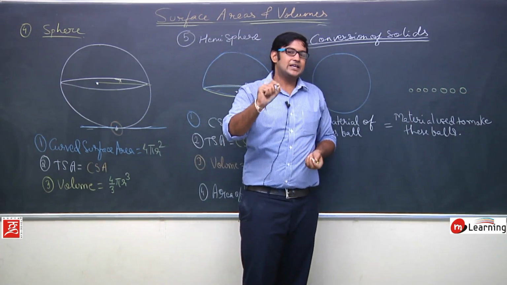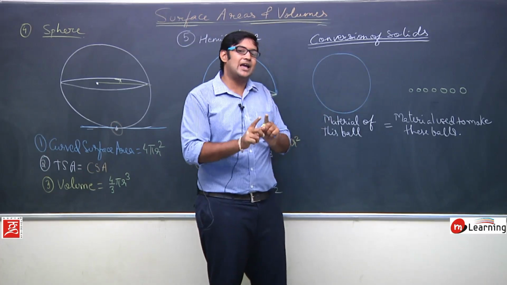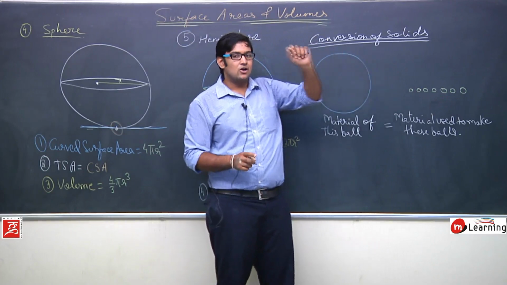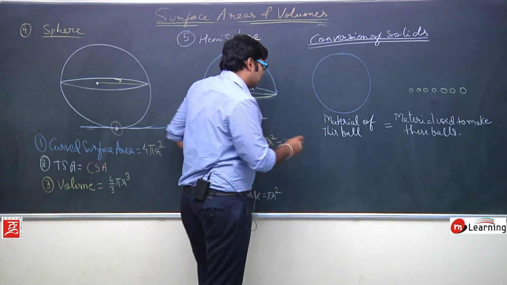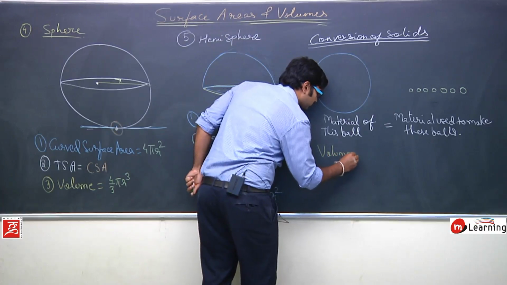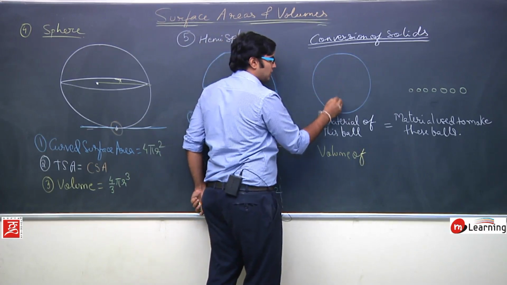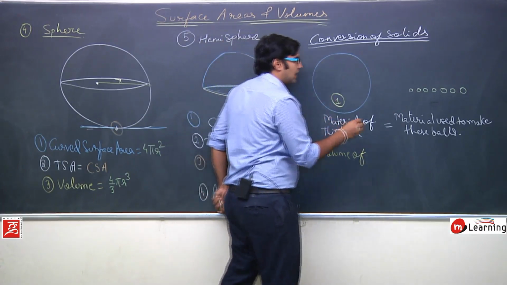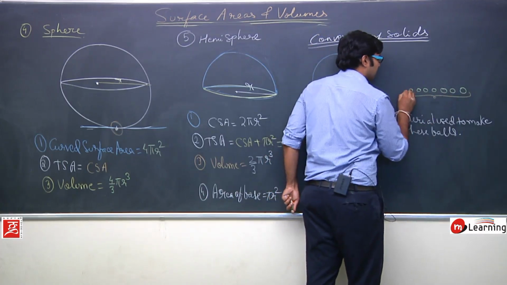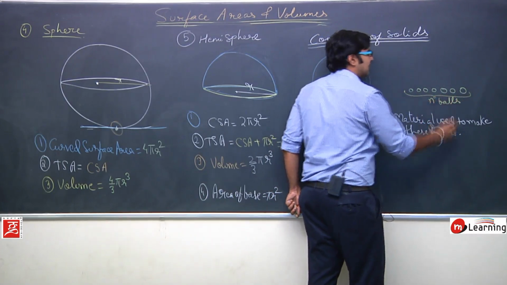तो हम कहेंगे कि जितना आयरन हमारे पास इस बॉल में है उतना ही आयरन हम इन बॉल बियरिंग्स को बनाने के लिए यूज कर सकते हैं. और I will say the volume of this ball, let us say this is ball 1 and these are n number of balls of the same size.